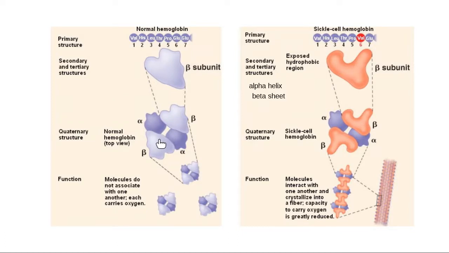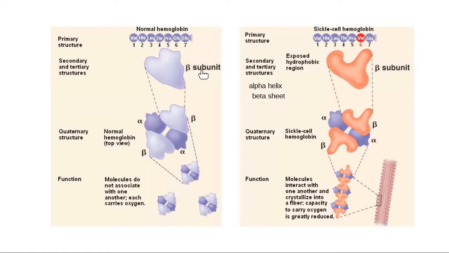Hey, I need you to do me a favor and I need you to write something down. These are, well, here, let's go up here. See how this is labeled the beta subunit? Please write down for yourself that the beta subunit is not the same thing as a beta sheet.